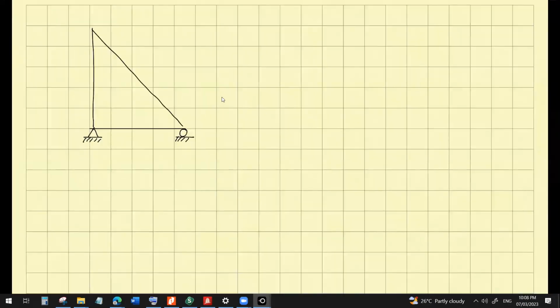And this length is 60 inches horizontal and 60 inches vertical.